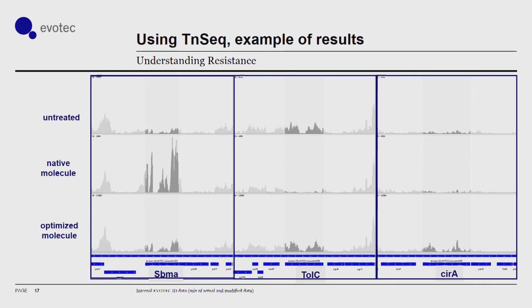Okay, great. Here you see that mutations in SbmA, which is an inner membrane transporter, are strongly selected. So that means that probably your compound is going through that transporter. You have an issue here. Your compound is effluxed, and it's going through by a transporter. So in this case, the team decided to change the compound and try to optimize it.